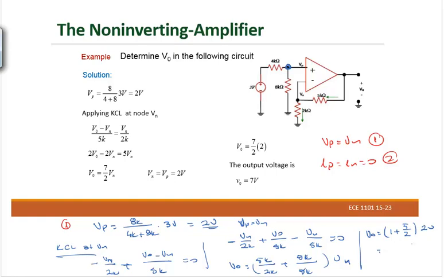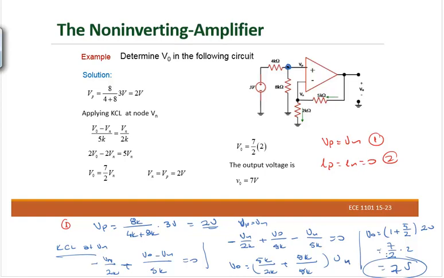Did I make a mistake? No. So this will be equal again, if I put there 2, I'm gonna have 10, 15 divided by 2 times 2 volts. I made a mistake. Oh, no, this is wrong. Okay, I got it. Can I erase one here? This will be here 7 over 2 times 2, which is equal to 7 volts. This is our final answer.